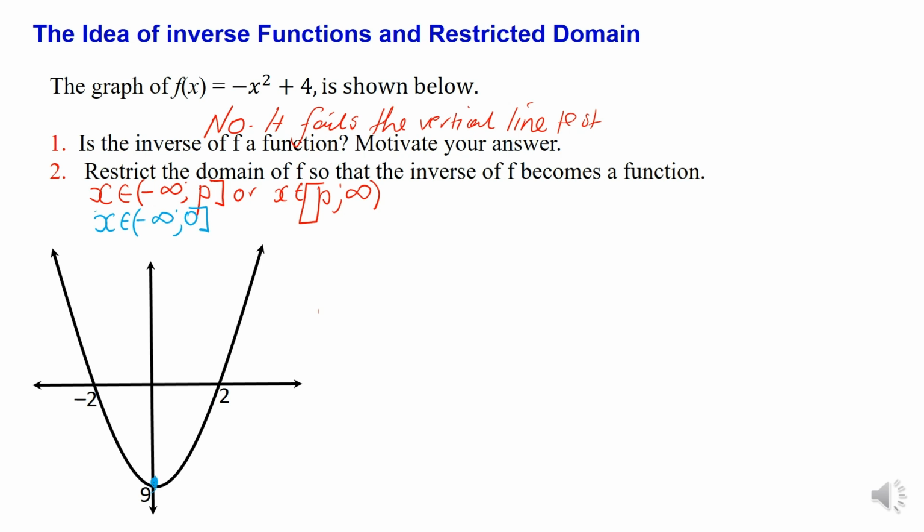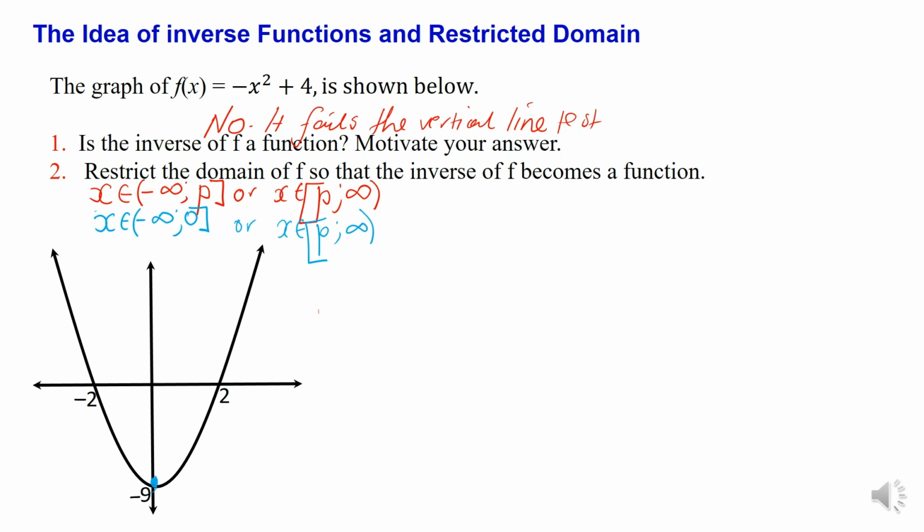You take the x value of the turning point. That is what you use in place of p. So the other option will be x is an element of p up to positive infinity. This is my answer. That is what we call a restricted domain of the function.